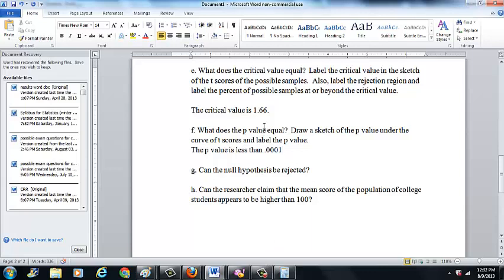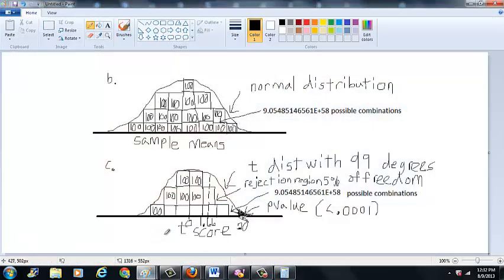You can reject the null hypothesis if the test statistic, your t-score, is at the critical value or higher. Our test statistic that we calculated ended up being 20, and the critical value is 1.66. So our test statistic is equal to or greater than the critical value, meaning it is in the rejection region, which means that we can reject the null hypothesis. The other way to check is looking at the p-value and seeing if the p-value is 0.05 or lower.